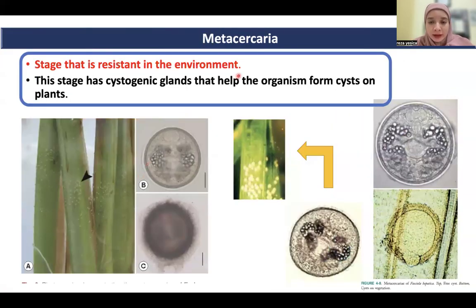And this is the infective stage, metacercaria. They are very resistant in the environment, and this stage has cystogenic glands to help the organism encyst on the plant. This is the morphology of metacercaria on grass or vegetables, especially vegetables that grow near the water.